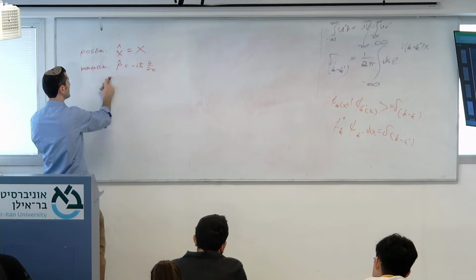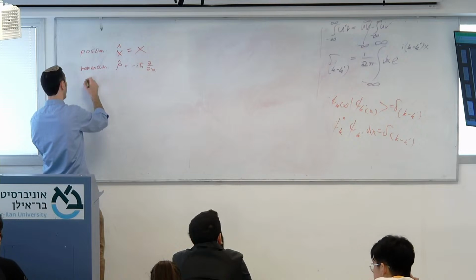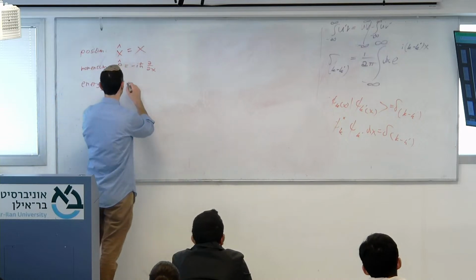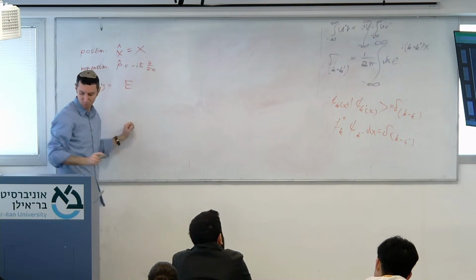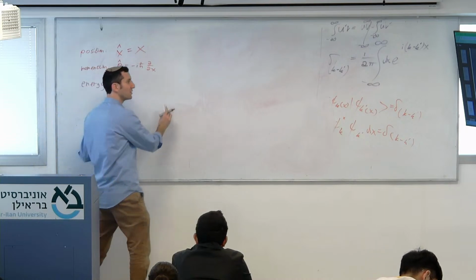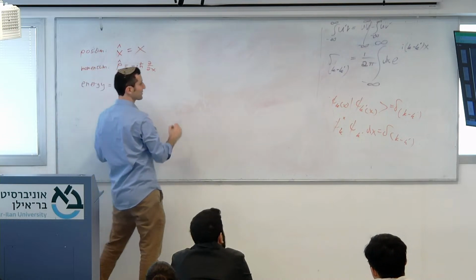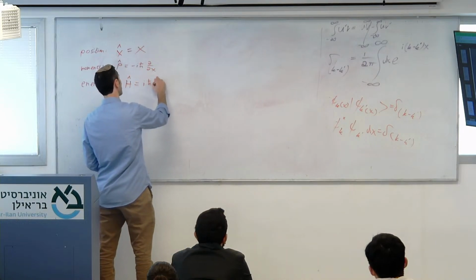And energy is going to be, well, E, but because we're usually going to mark it with H, there's a few ways of saying it, but here we're just going to call it i h bar d/dt.